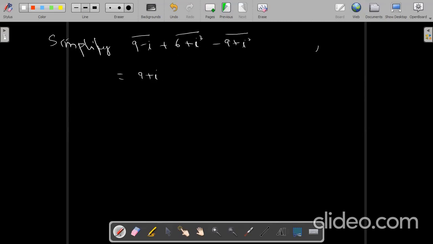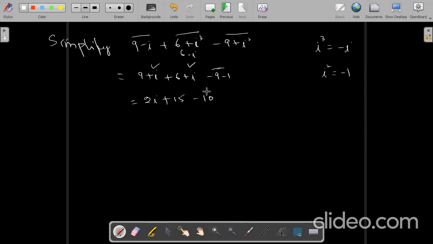Here first you have to find iota cube. As you know, iota cube is equal to minus iota. So this is nothing but 6 minus iota, therefore it will become 6 plus iota. And iota square is equal to minus 1, so minus 9 minus 1, which is minus 10. And this iota plus iota will become 2 iota. 9 plus 6 is 15, minus 10.